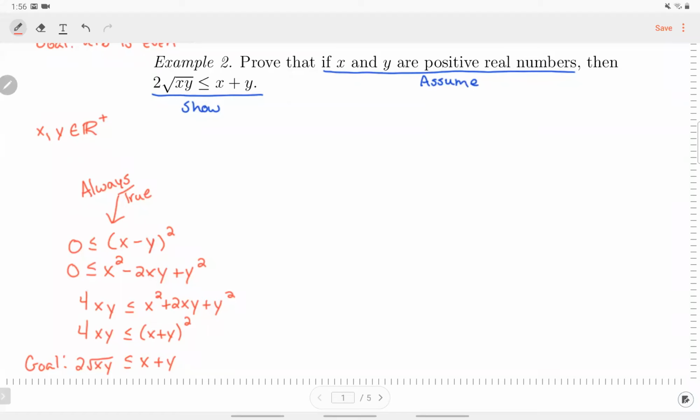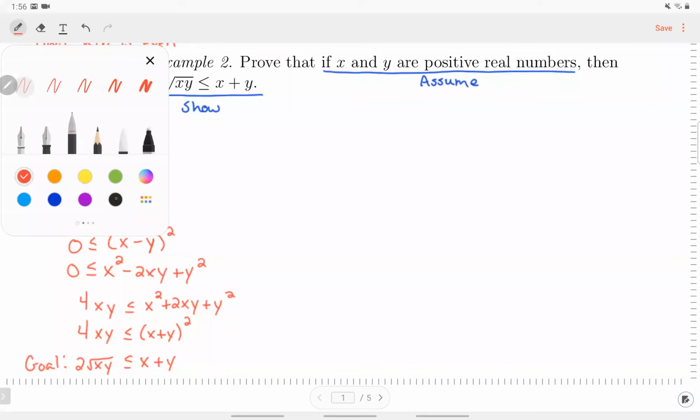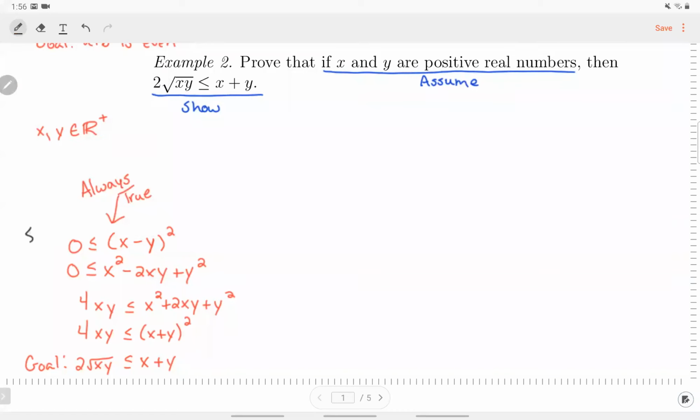Any real number squared is greater than or equal to 0. So that statement's always true. Something that is always true, you can state at any point you want in a proof. So here's how a work backwards proof goes. I am going to start here and then work down to my goal. I just have to be very careful at every step, making sure that my steps reverse okay.